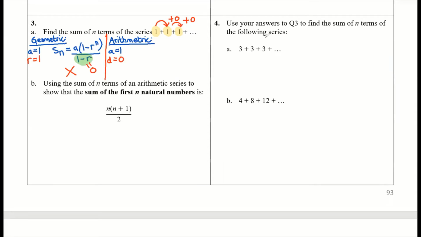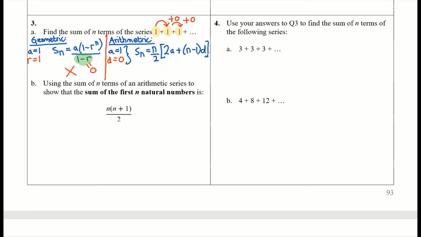So let's do the sum of n terms. We're going to need the arithmetic version of this. So the sum of n terms is just going to be n over 2 multiplied by 2a plus n subtract 1 multiplied by d.